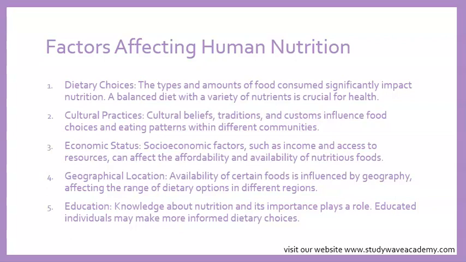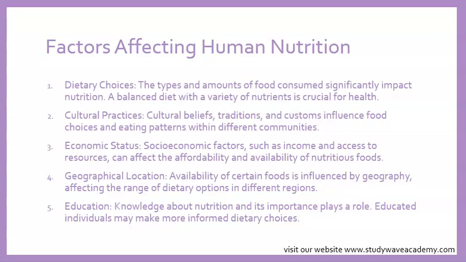A balanced diet with a variety of nutrients is crucial for health. What you eat, the food you choose impacts your health. Eating a variety of nutritious foods is essential. Do we get that?